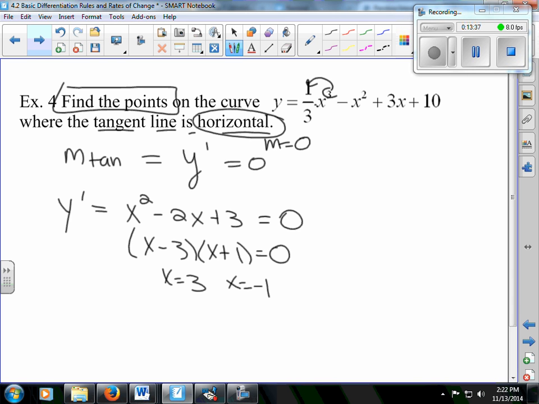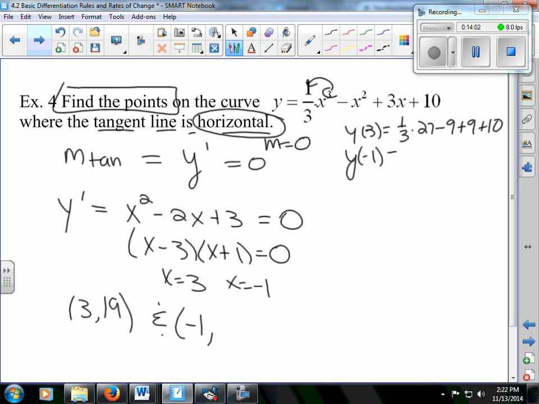Okay, so one point is the point 3 comma. Well, if x is 3, y would be 1/3 times 27 minus 9 plus 9 plus 10. Is that 19? And then when x is negative 1, to figure out the y value, I need to plug in negative 1.